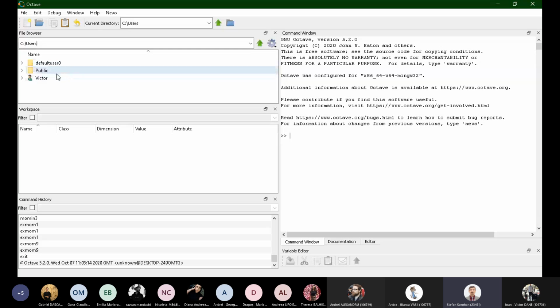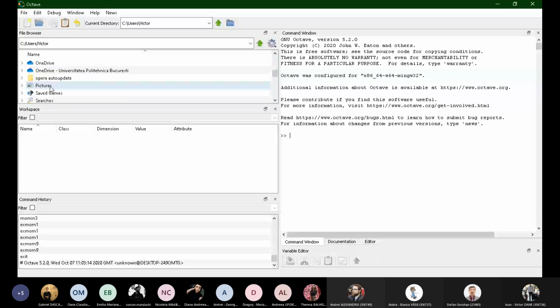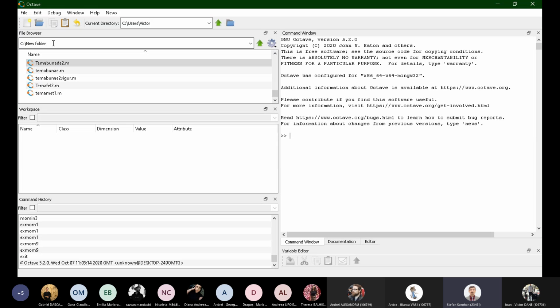Easier, yeah, you can use. It's not on desktop, it's on C. Easier is to use Control C, Control V. But the current directory is on the first line.